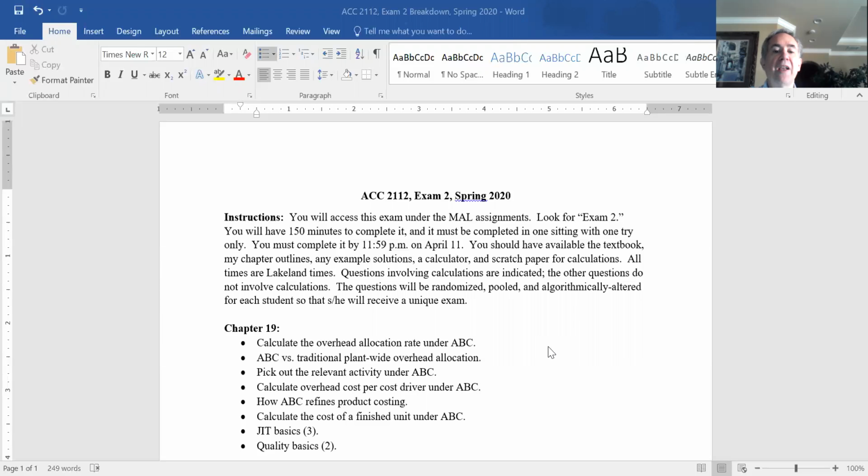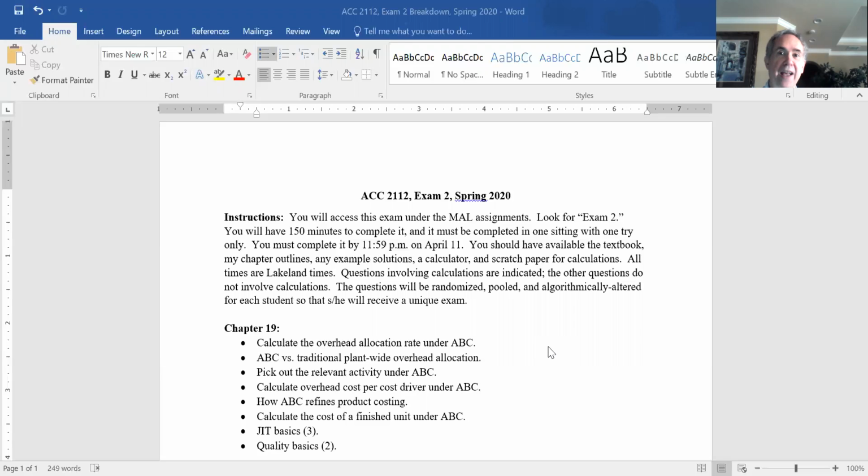Then calculate the overhead cost per cost driver under ABC. Again, that's very similar to the first one. Take the total overhead cost pool for the activity and divide by the activity's cost driver. You'll be given both numbers in the problem, and that formula will be on the formula sheet for you in case you need it. Then how ABC refines product costing.